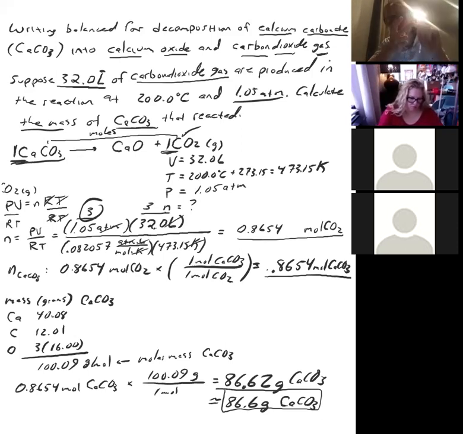Measuring the volume of a gas is very easy, and measuring the temperature of a gas is very easy. So typically gases are given in amounts of PVT, whereas solids are generally weighed out on a balance. So this problem connects those 2 different states of matter, PVT for gas, mass and moles for a solid.